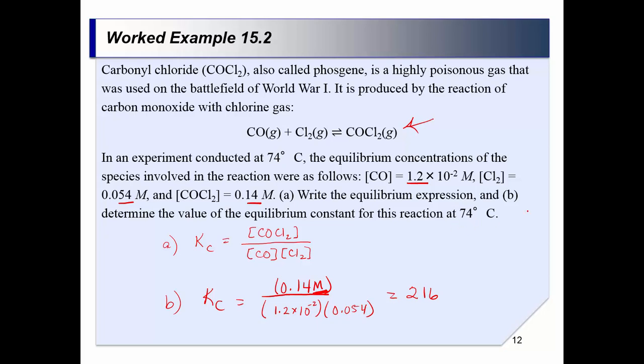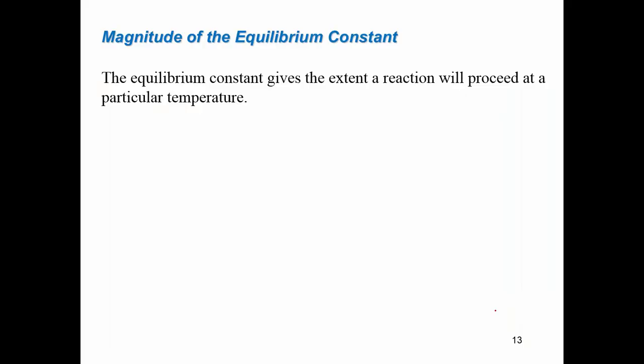Remember, the 74 is not used in my calculation, so I need to report this as 2 significant figures. I could say it's approximately 220, that is 2 significant figures, but this is ambiguous. So in order to avoid any ambiguity, I would report this as 2.2 times 10 squared equals my Kc. Now we can calculate the equilibrium constant, but really what good is it?